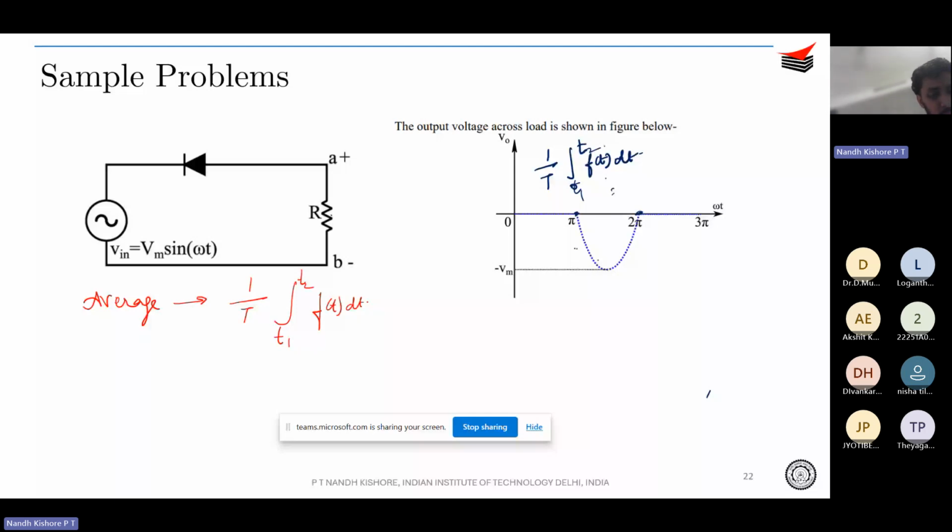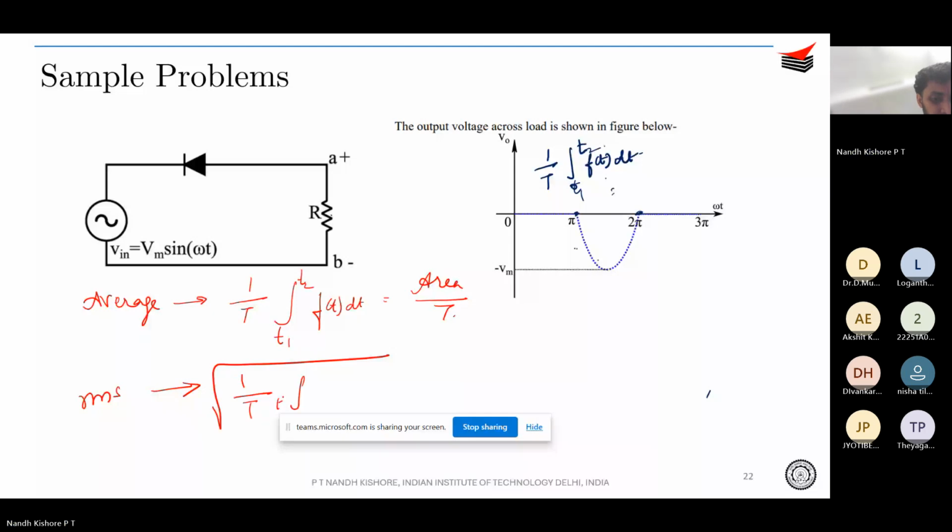What is RMS? RMS is root mean square. So root over 1 by T integral t1 to t2 f square of t dt. So this is the definition of RMS. You just remember these definitions, and for any function you should be able to find it out.